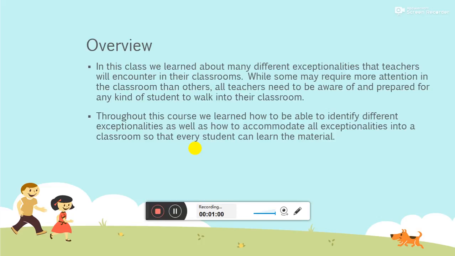We learned how to notice what these different exceptionalities are and different characteristics to look for within these exceptionalities, and then also how to, again, adapt our teaching lessons in order to accommodate these students and give them the best opportunity to get education.